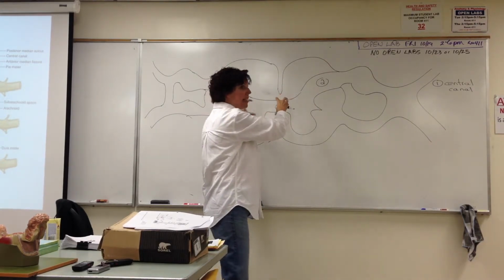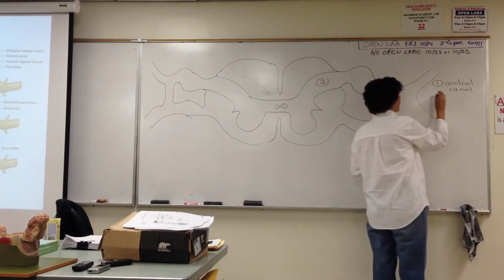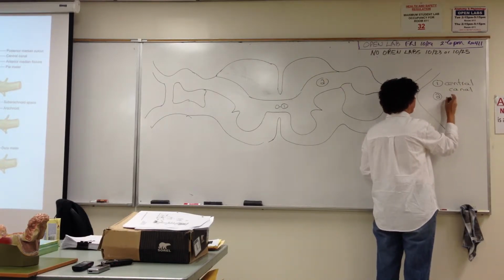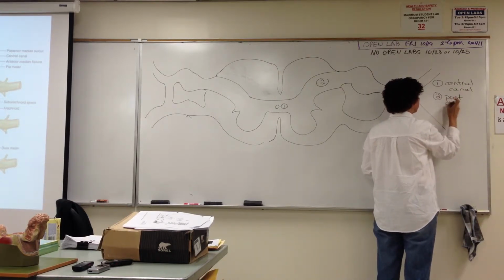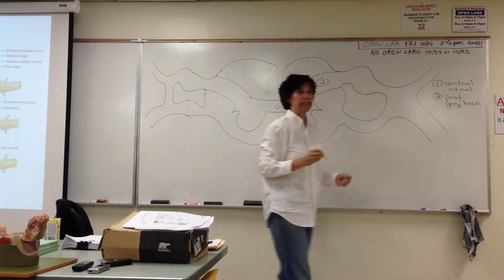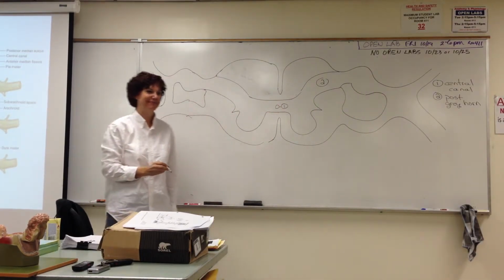It really runs the entire length of the spinal column. So it's more of a column than it is a horn, but in cross-section it looks like a horn. So posterior gray horn.